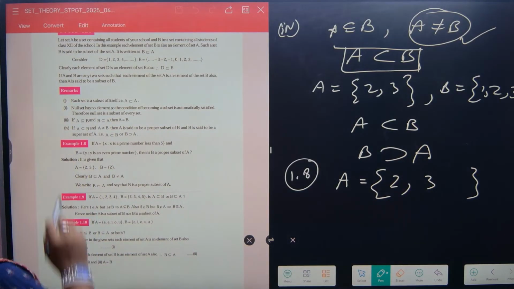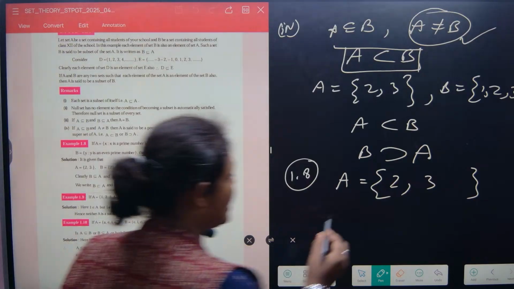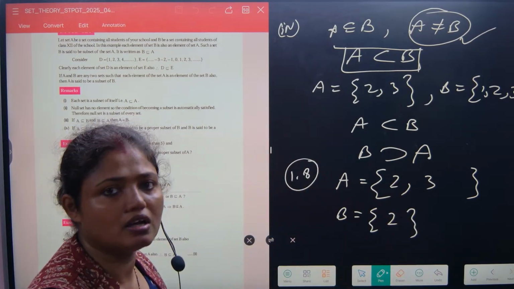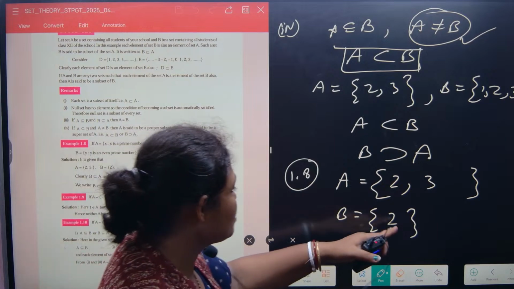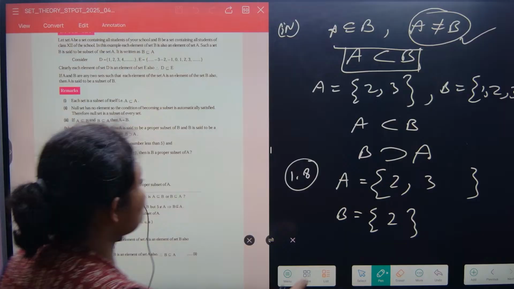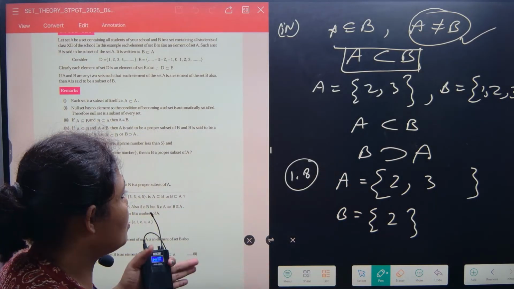Next, set B. Y is an even prime number. In the last class we also did this one. What is the even prime number? Only one. It is 2. Okay. See, what is the relation between these two, in proper set or subset?